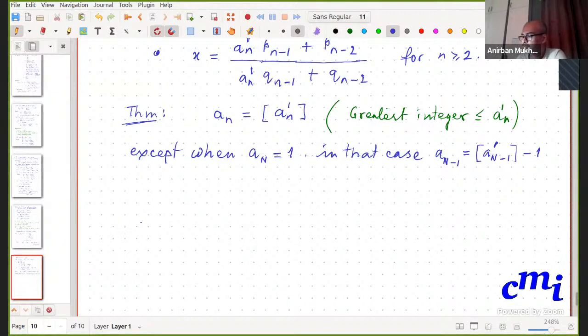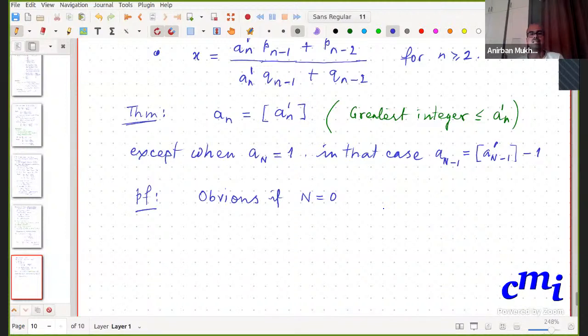So let's prove this. Proof. So clear, let's say obvious, if capital N is equal to 0, the continued fraction has only one entry.